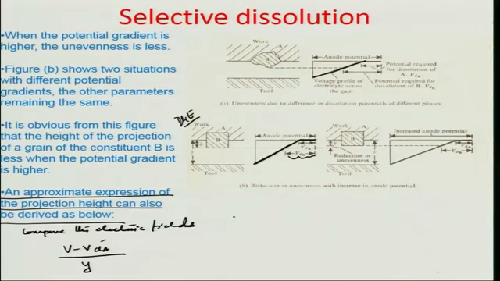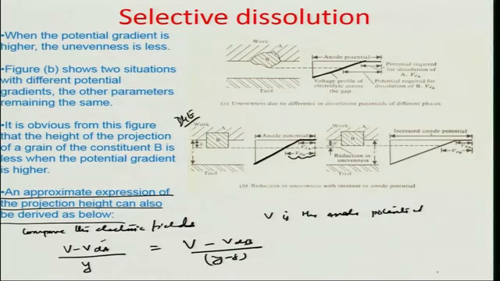Let us assume V to be the anode potential in this particular case, and this becomes equal to V minus VDB by Y minus delta.